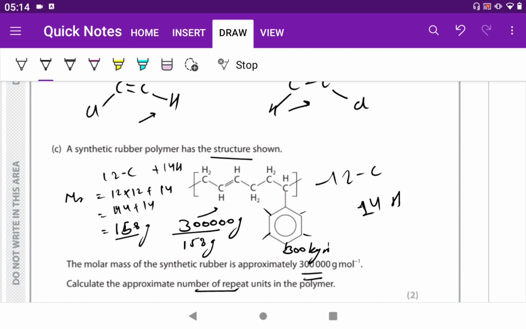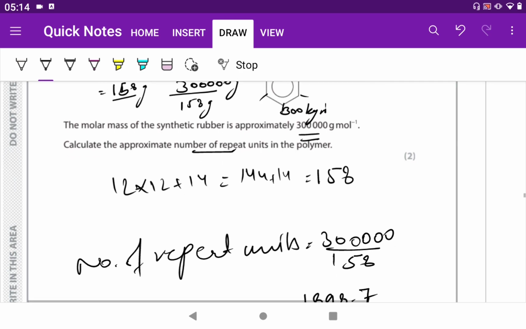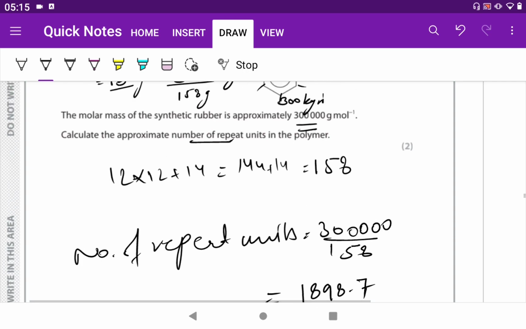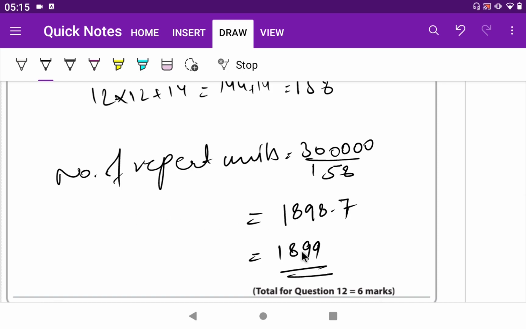The number comes to about 1898.7, which can be written as 1899. So about this many repeat units should be there. The approximate number of repeat units in the polymer is almost about 1900 units.